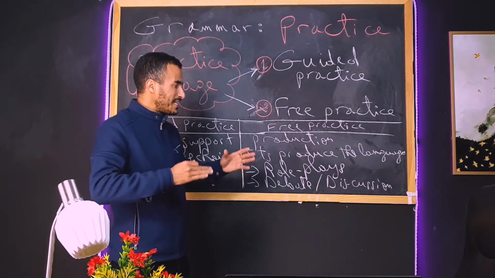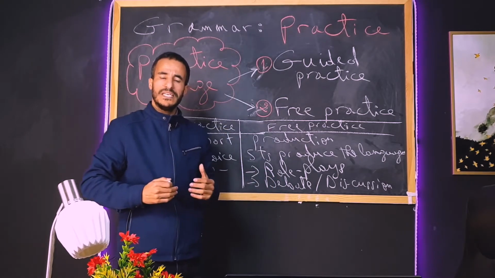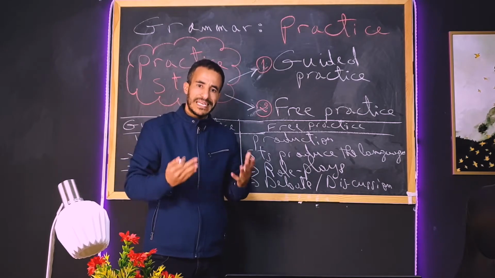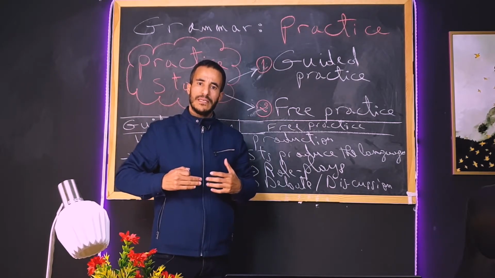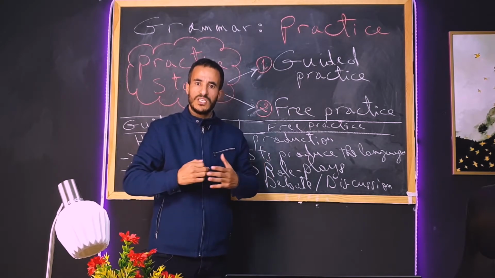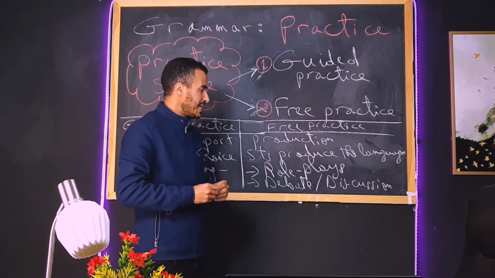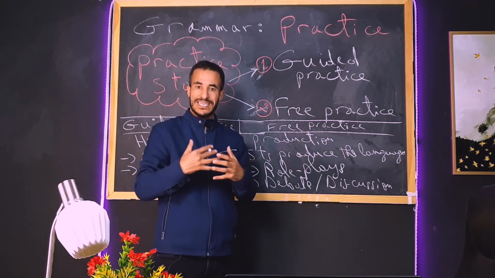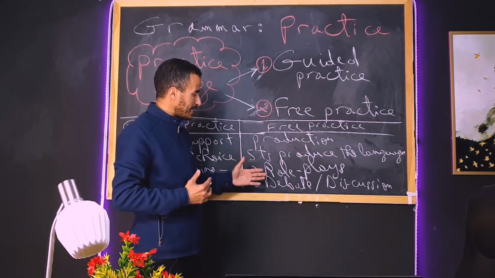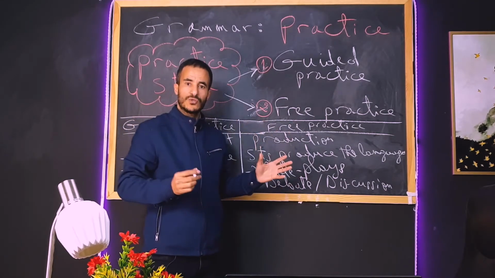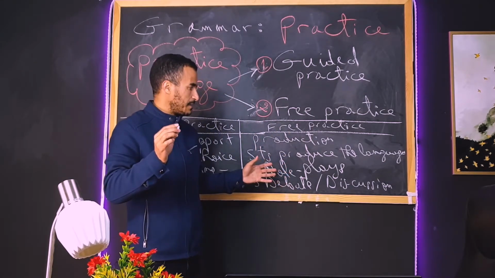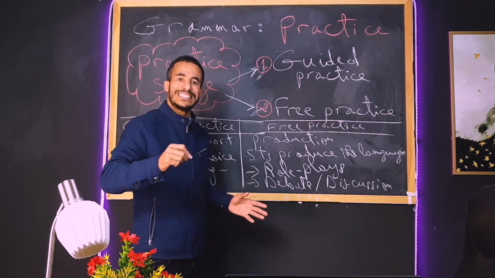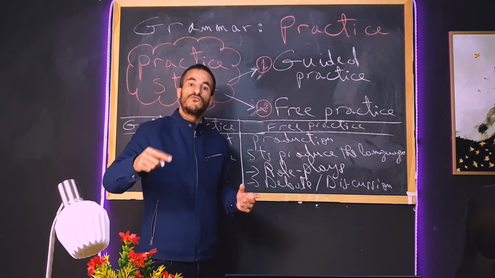Now, the best way, because our job is to teach grammar communicatively, to teach grammar effectively, to teach grammar interactively, so it's better to integrate skills. For the role play, debate, or discussions, we can give them in the beginning like a writing task. And then we move to speaking.